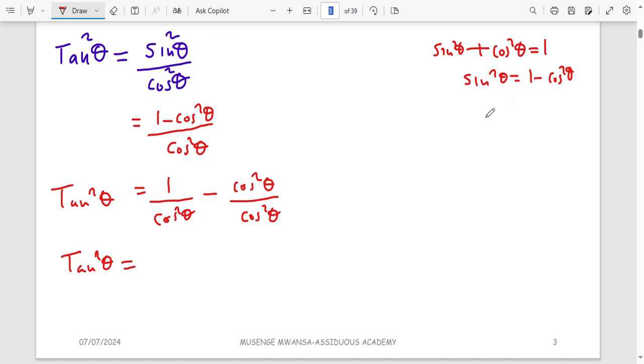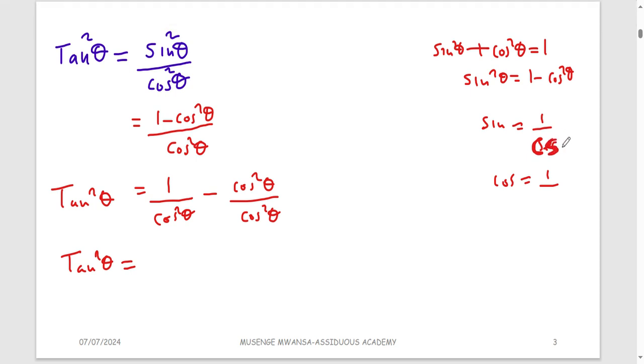Now, we did mention the opposite for sin is 1 over cosec. The opposite for cos is 1 over sec. So the opposite for sin is cosec, CSC, or you just say cosec.